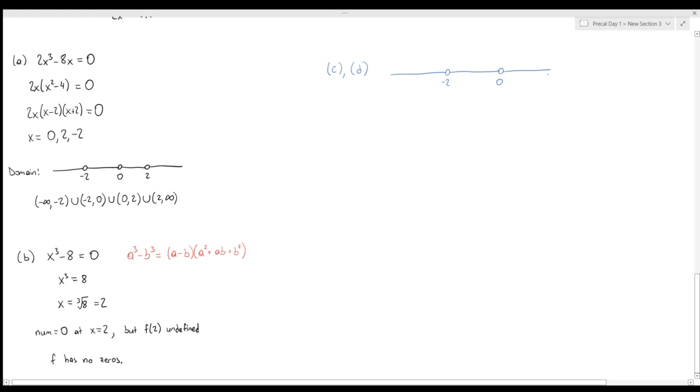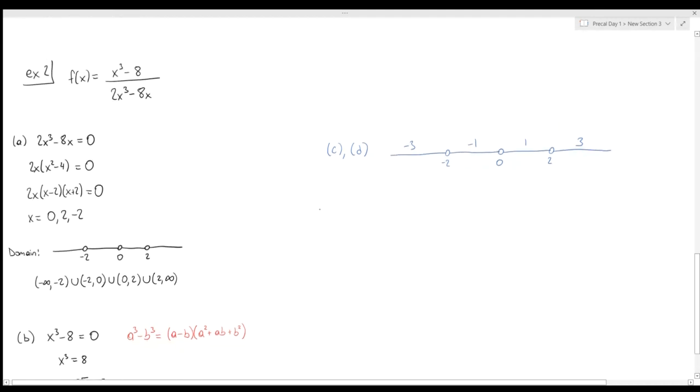For the sign chart, start by writing out the domain or drawing it out. We'd also mark any zeros on the number line after that, but this function didn't have any zeros, so all we have is these 4 intervals that make up the domain of f, okay? So we could pick a test point in each of these intervals. And then we'll want to plug these test points into our function.